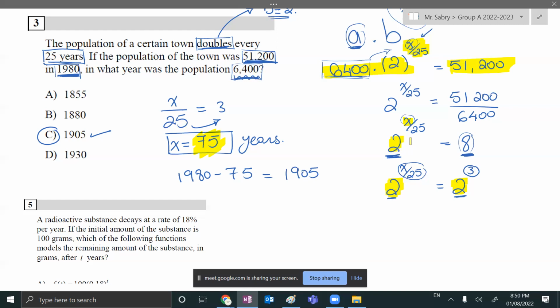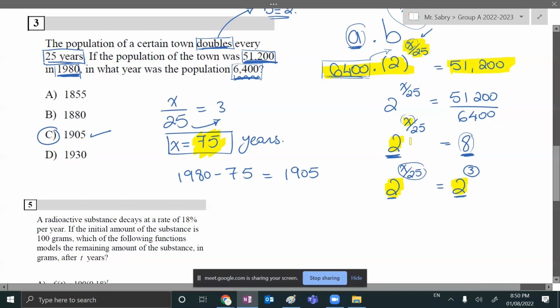So that's a legit question, and that's one that could be answered by exponential functions. So we used the exponential function to know how many years it took the 6,400 to get to 51,200, and then we go back. So it's actually true. It's not something we assumed, a number that we put out of nowhere.